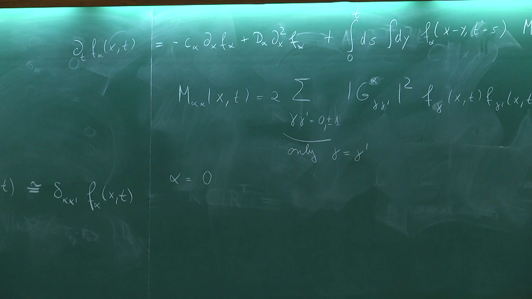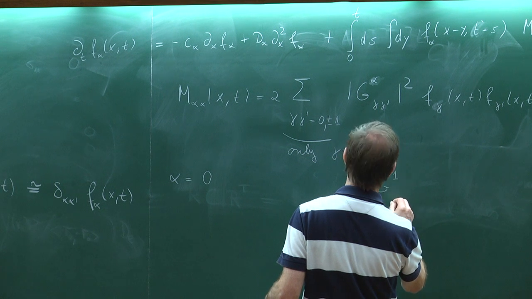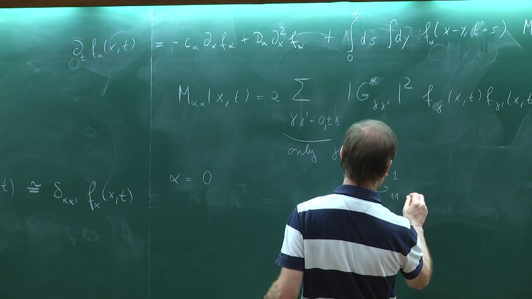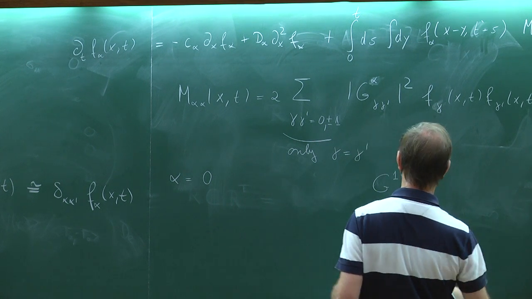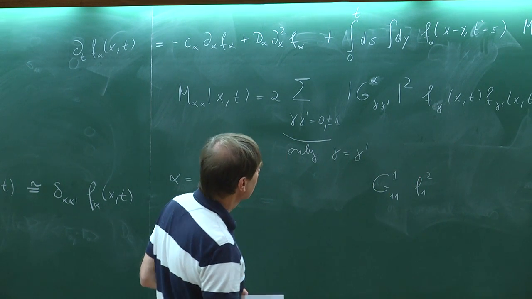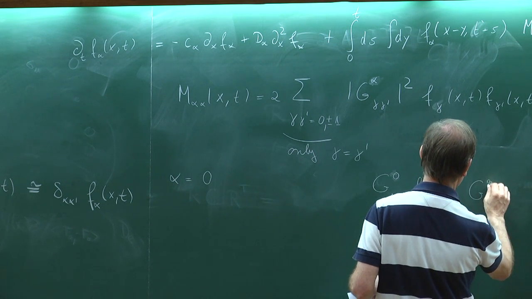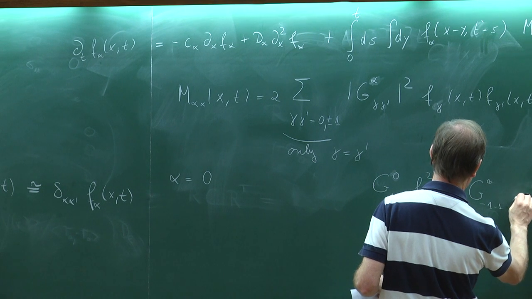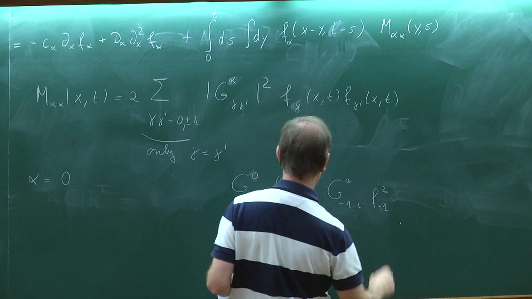That's this term over here. So you see, the only terms which actually survive are the terms G1,1,1, let's say, and then I have F1 squared, and then, of course, there are the corresponding other terms, right? I mean, sorry, 0, okay, and then there will also be the term G0 minus 1, F minus 1 squared, right?